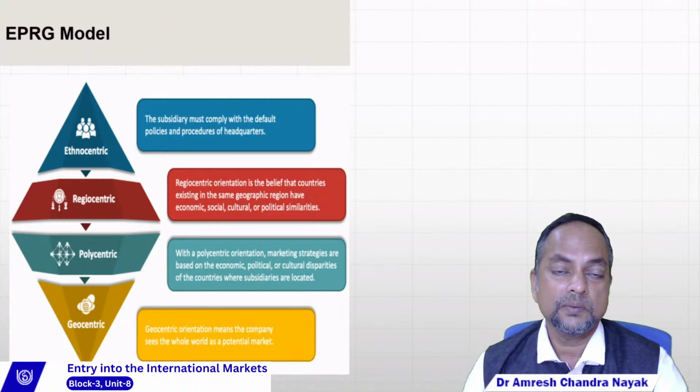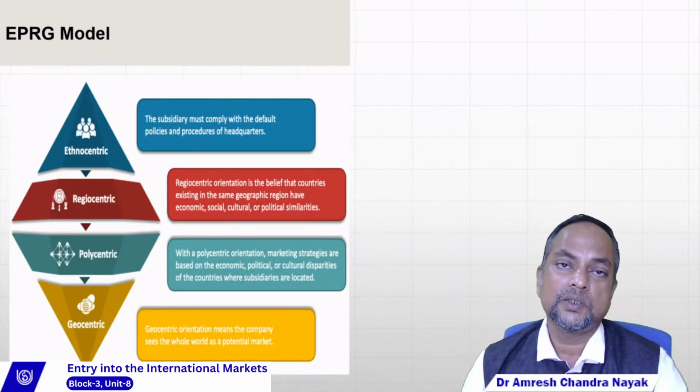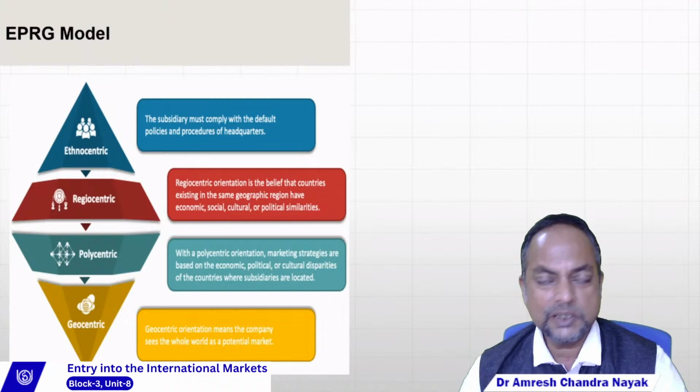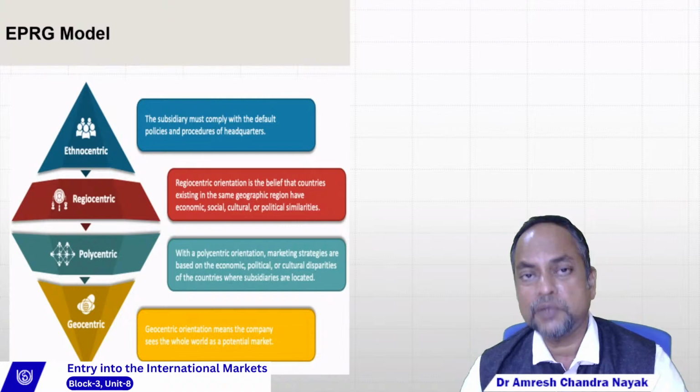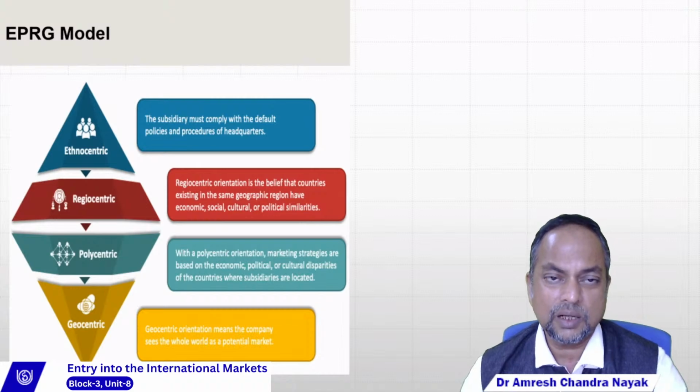Right? But beyond that, whenever we are talking of the regional approach, in a particular region, I assume, even if there are cultural differences, these cultural differences can be minimized to a large extent or have some sort of similarities among themselves.